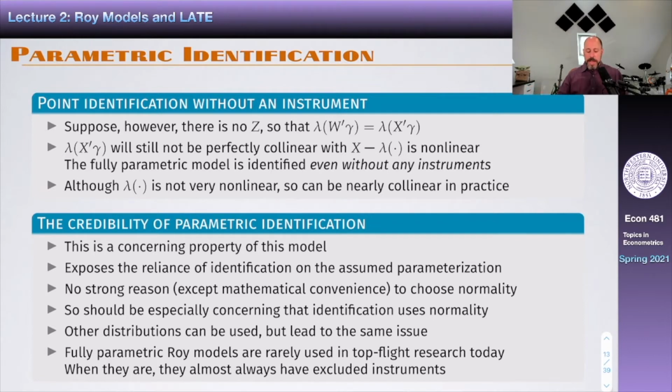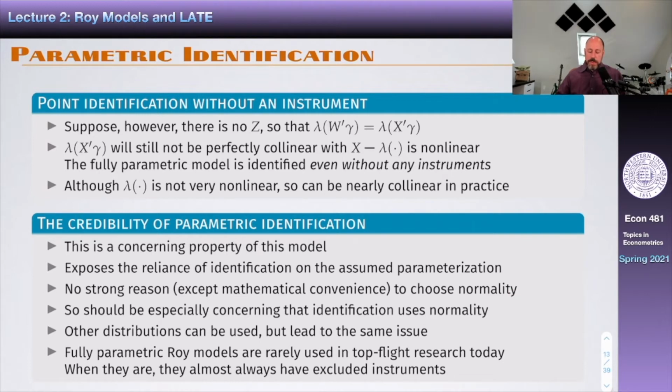Well, that's what I wrote here, the credibility of parametric identification, which happens with and without the instrument. Essentially, you can see that the most powerful feature of this model comes from the parametric assumptions. And so there's no strong reason, I wrote here, except mathematical convenience to choose normality. As we know, normality makes a lot of things tractable, okay?